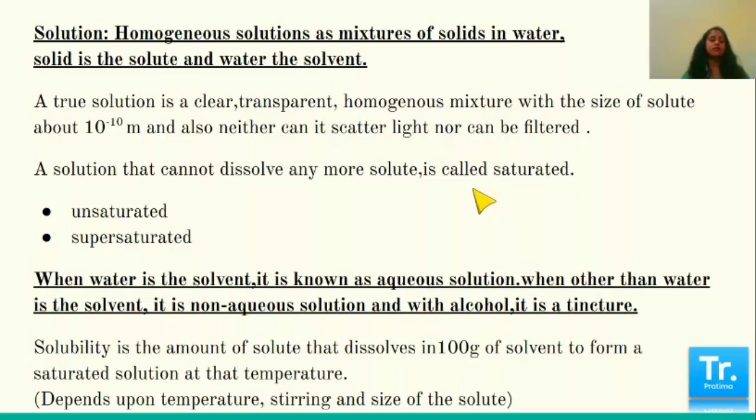If that solution is heated a little, you can dissolve 1 or 1.5 more spoons of sugar into the solution, making it supersaturated, which leads to crystallization, which I am going to discuss in the next slide.